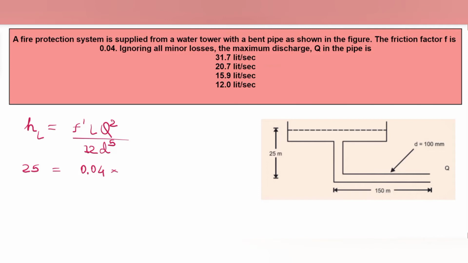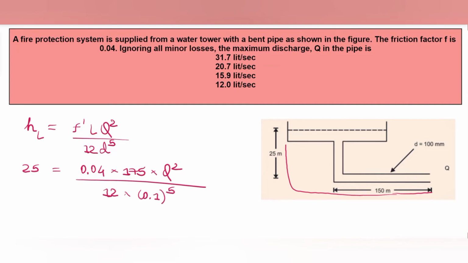From the diagram we are also having the head loss due to friction, which is 25 meter. That is, 25 is equal to 0.04 into 175 into Q square divided by 12 into D, which is 100 mm, 100 upon 1000, which is 0.1 raised to 5.